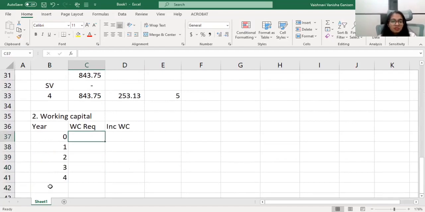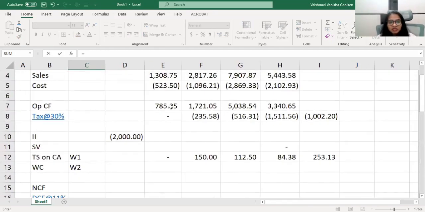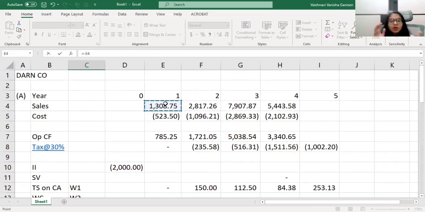Okay. Now guys, remember I told you when you are doing your working capital adjustment, what you need to do is, if you need to sell the assets in year 1, you invest it in year 0. Correct? So here what you do is, year 0 equals to my sales value. So for year 0, please make it negative because working capital is a negative item, equals to negative year 1 sales multiply 10%.